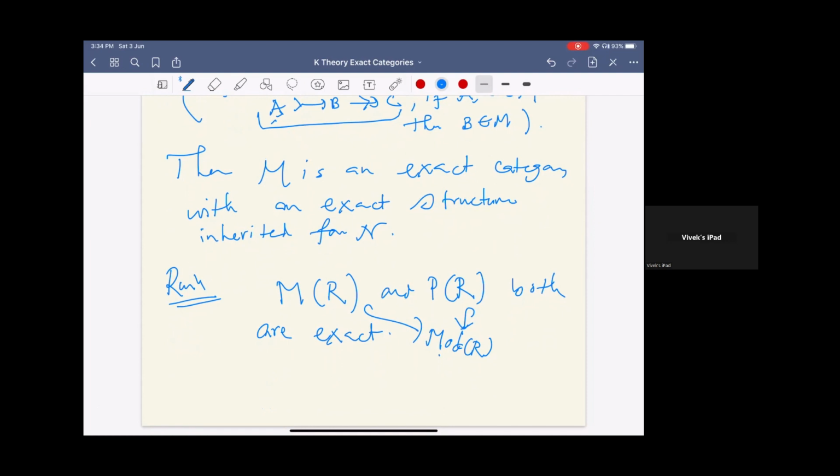So far so good. We have already considered the K theory of proj R. This is also an example of an exact category, but in the setting of exact categories the definition is a little bit different. Of course, in the case of proj R, everything works.